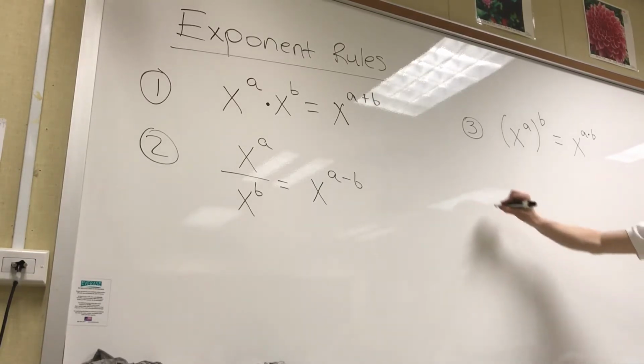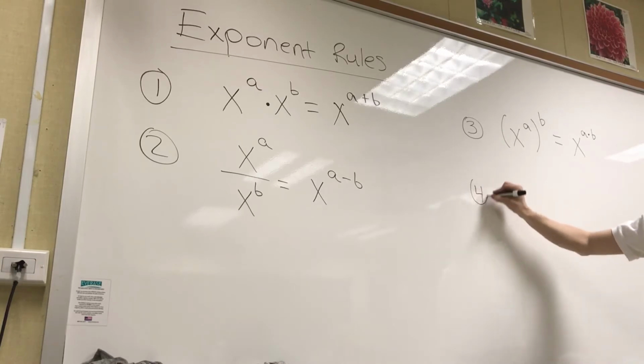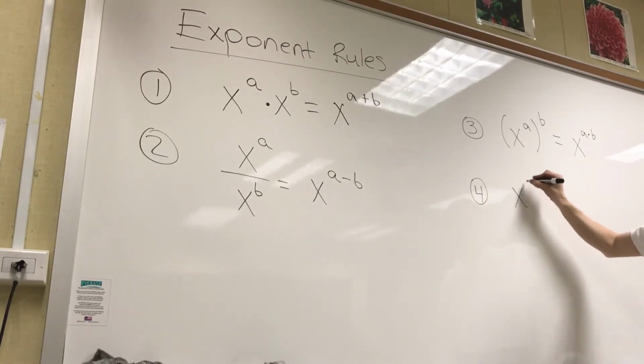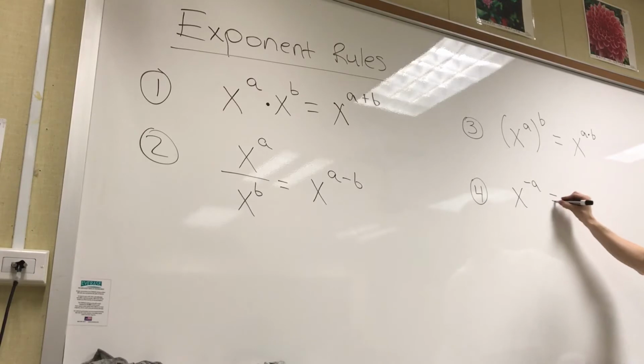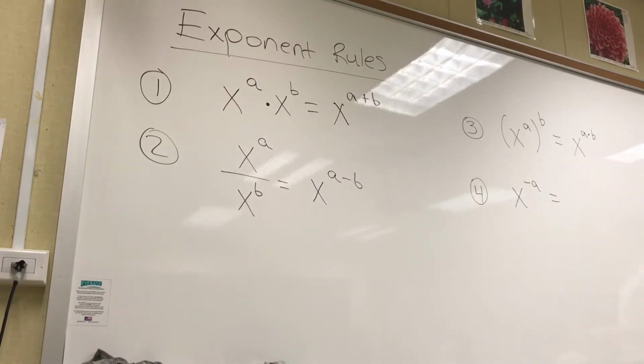Now my last one is the negative exponent rule. What if I have x to the negative a? What's going to happen is this a that's negative is going to go to the bottom as a positive, with a 1 on top. But what if I have a negative exponent that's already on the bottom?